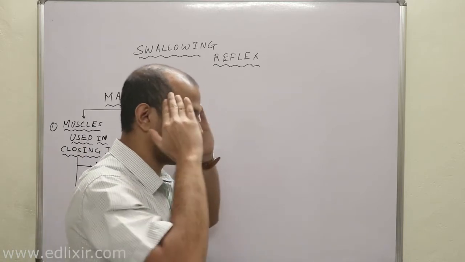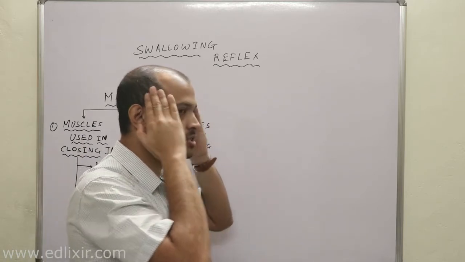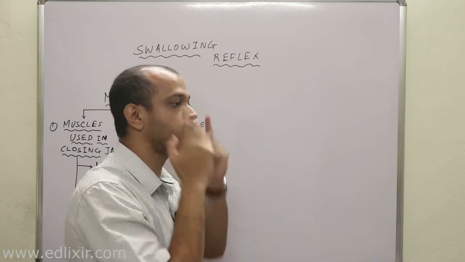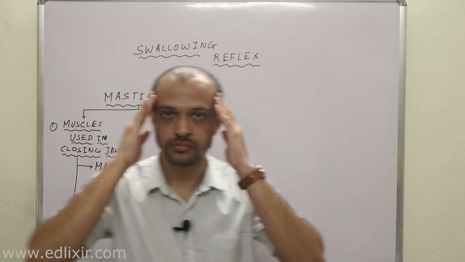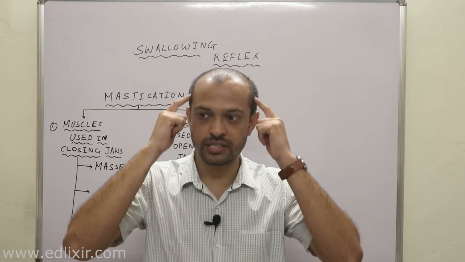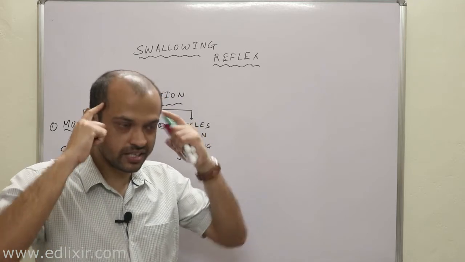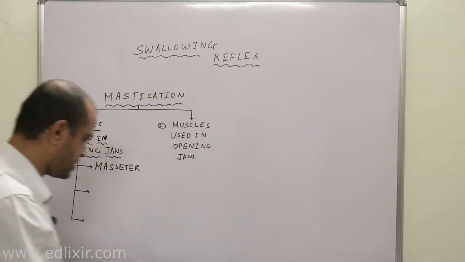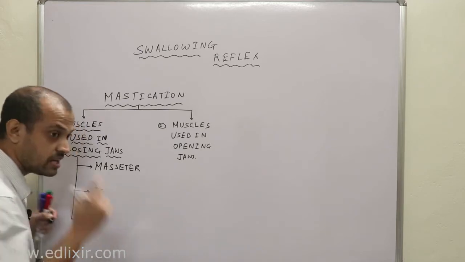Now touch here, and chew again with your mouth closed. Then also you can see some contractions here. The muscle you were touching is called the temporalis. Why? Because it is attached to the temporal bone.